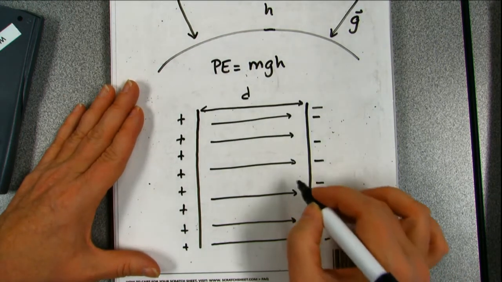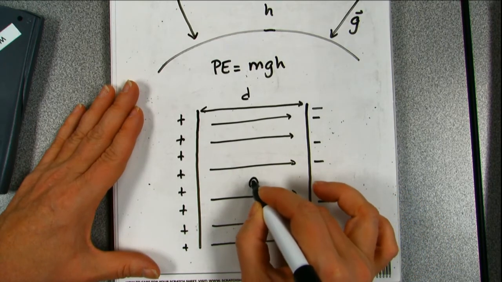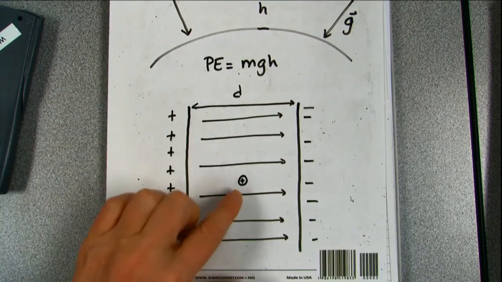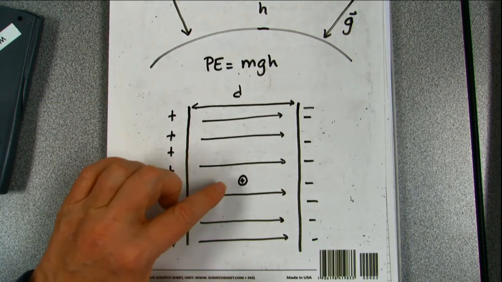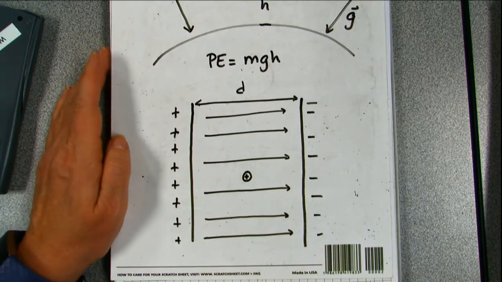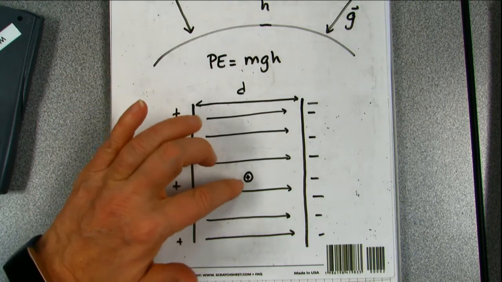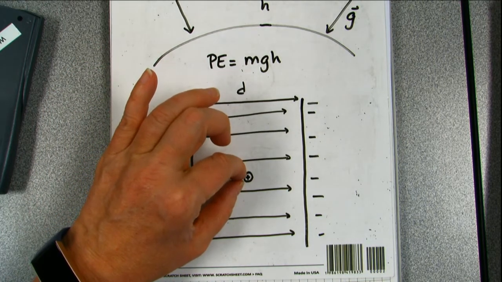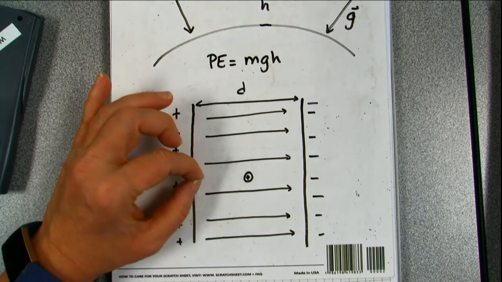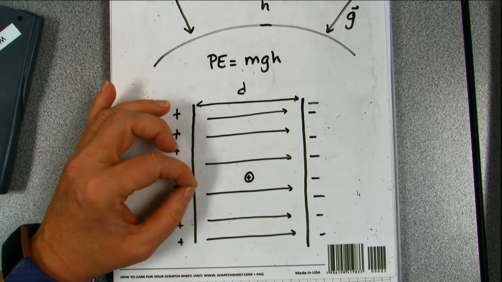And if I have a positive charge and I'm holding it in place, we know what it's going to do when I let it go, right? It's going to want to move to the negative plate, opposite attracts. It's going to want to move towards the plate. I also know that if I pull this charge and I try to move it towards the positive plate, I'm going to have to do work, right?